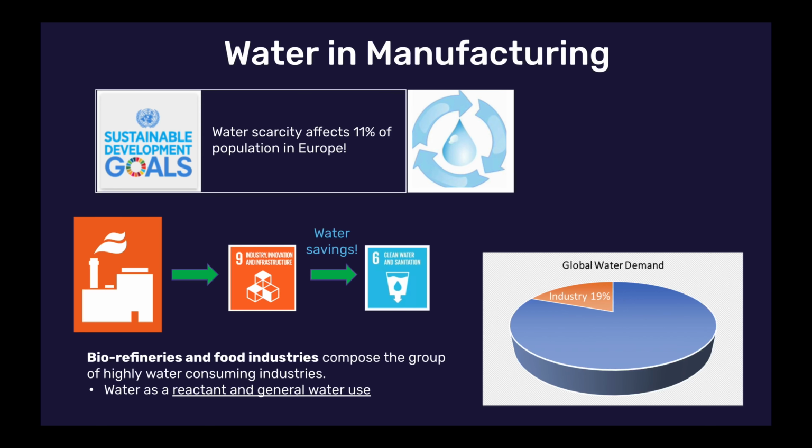It's because they not only use water for general purposes, they also use water as a reactant in the final product. Some perspectives for the future: by 2050, this 19% of industrial use will increase by 400%. So yeah, a big increase for the future.